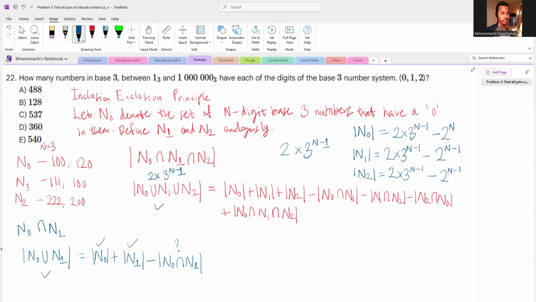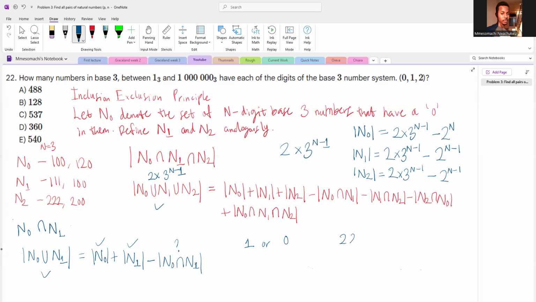The union looks like digits where each of the digits must have a 1 or a 0. And how can we count this? We remove the only digit that does not have a 1 or a 0.